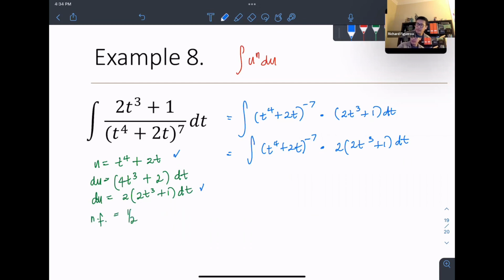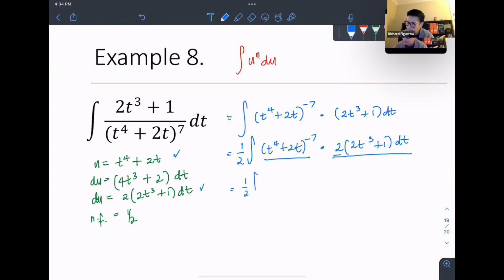Kasi nga, may 2 tayo dito, walang 2 yung original integrand natin. So we multiply it by 1/2. So, kumpleto na tayo. This is u raised to n. Ito yung du niya. U raised to n and then du yung nasa right side. So therefore, that will be our answer.